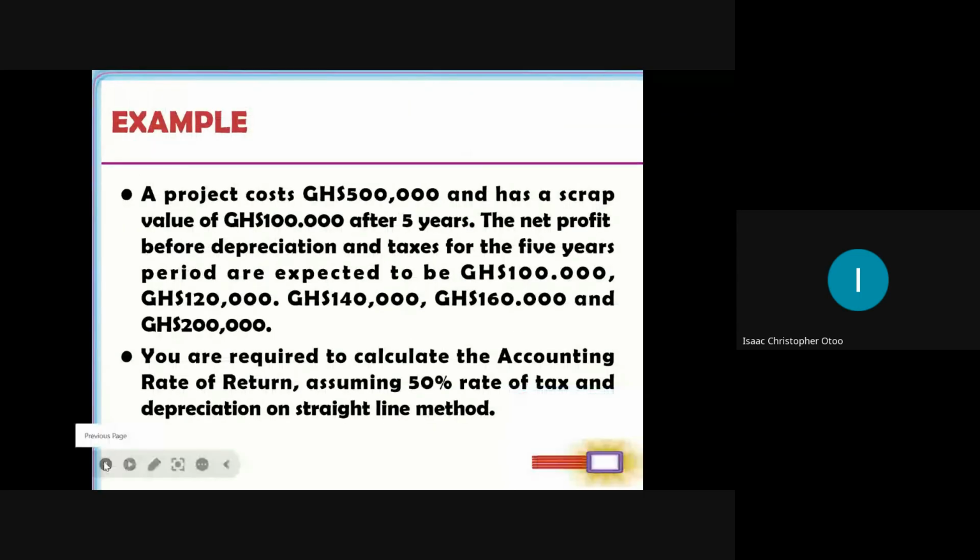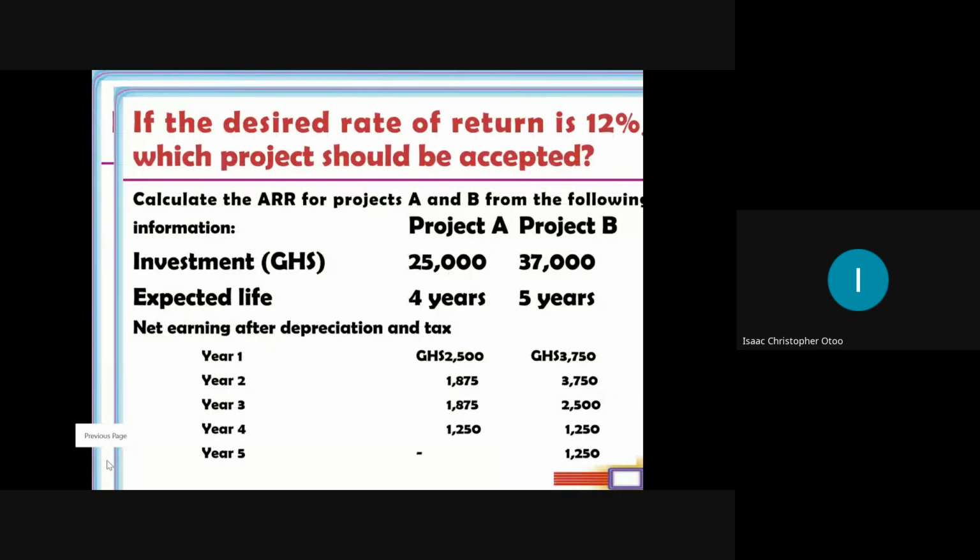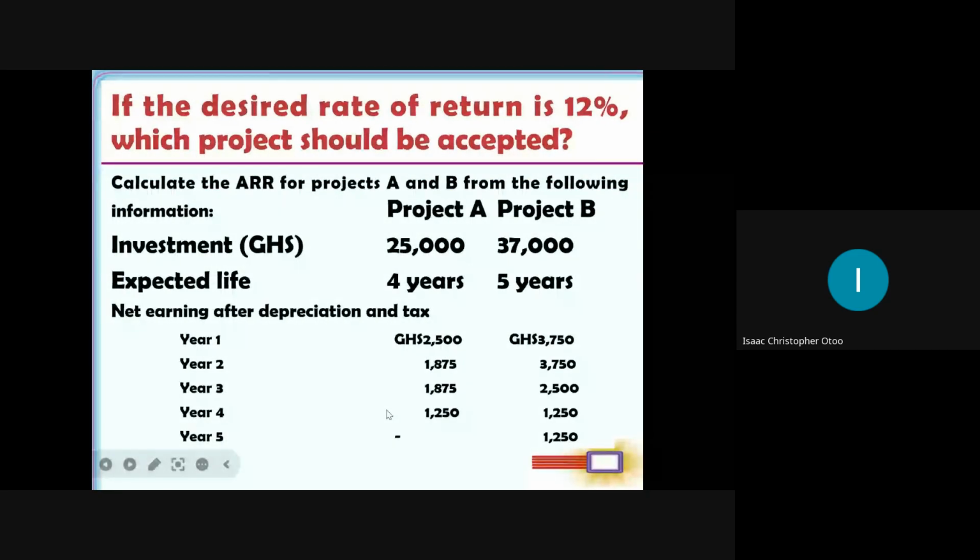There's no depreciation, so we also find the average investment, which is 25,000 divided by 2. That will give you 12,500.